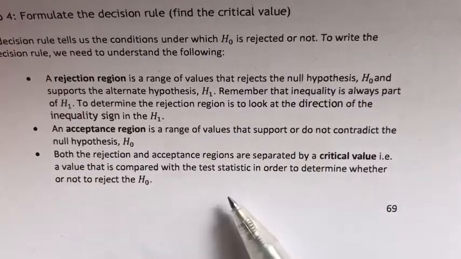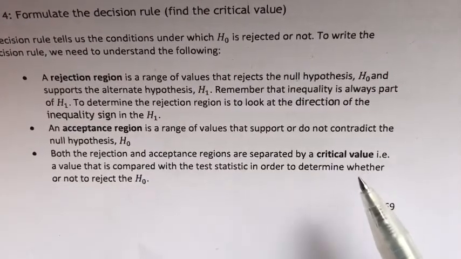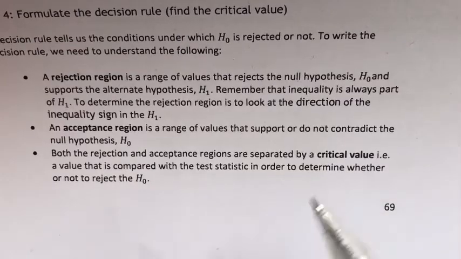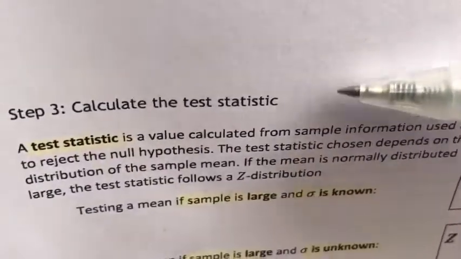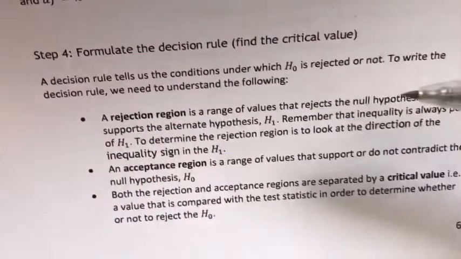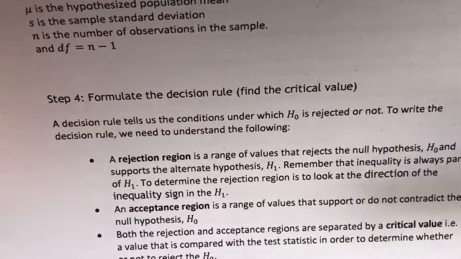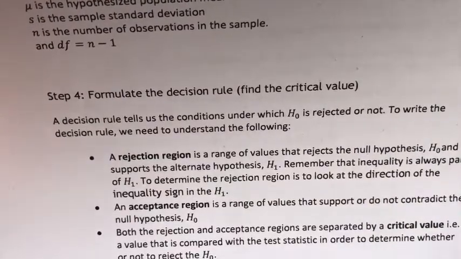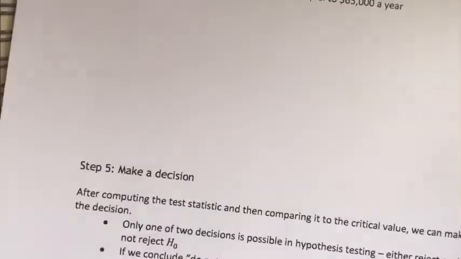If our test statistic follows the T distribution, our critical value will also be the T distribution. Remember, we need to compare like with like. Test statistic is something that we calculate, whereas the critical value is just something that we look up at either the Z table or the T table, depending on what distribution our test statistic follows.